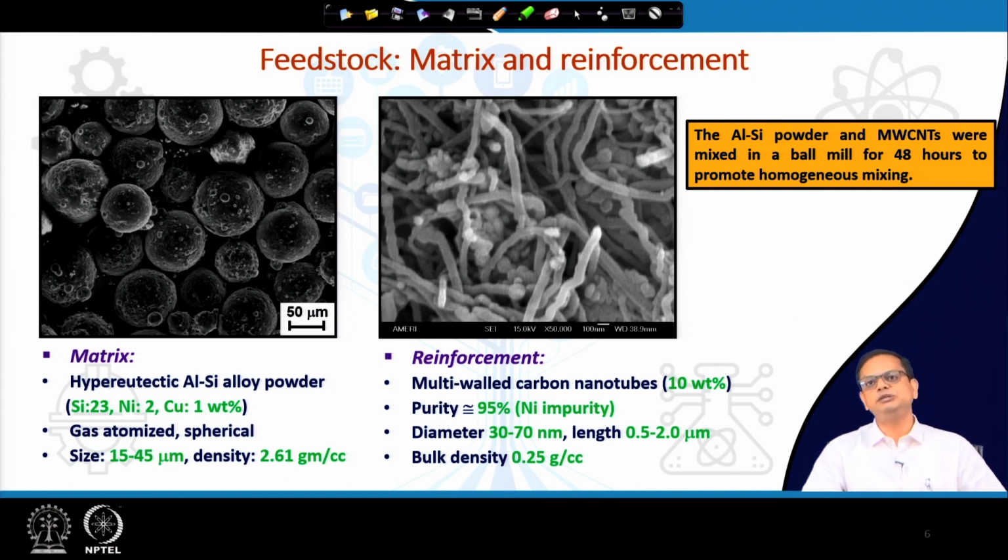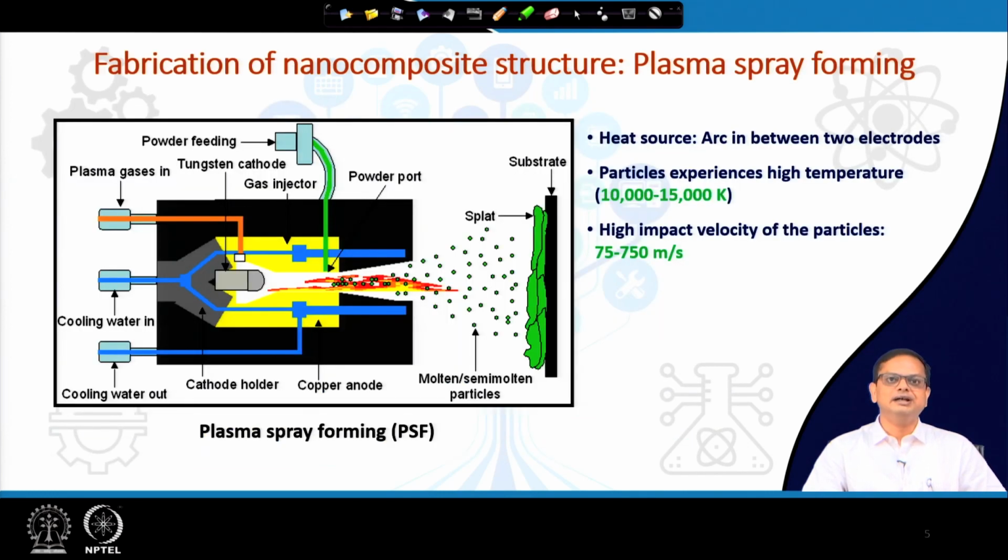In this case 10 weight percent carbon nanotube was taken, and then 10 volume percent carbon nanotube was taken, and then it has been sprayed by plasma spraying, and then by a special technique the deposited coating or deposited material was removed from the substrate.